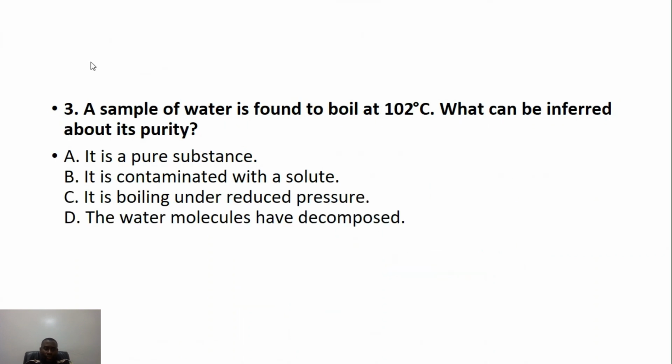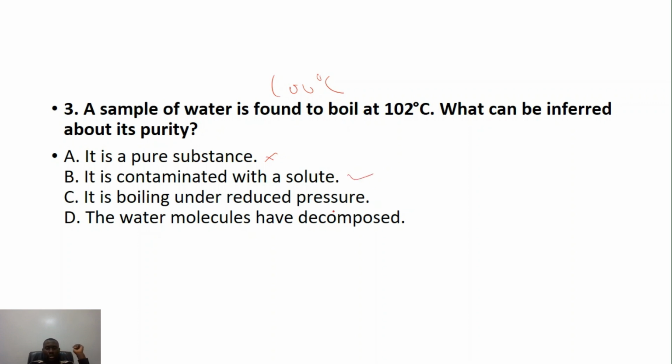Question number three. A sample of water is found to boil at 120 degrees Celsius. What can be inferred about its purity? We know pure water boils at 100 degrees Celsius. So it means it's a pure substance. This is not correct. It's contaminated with solute. This is true.